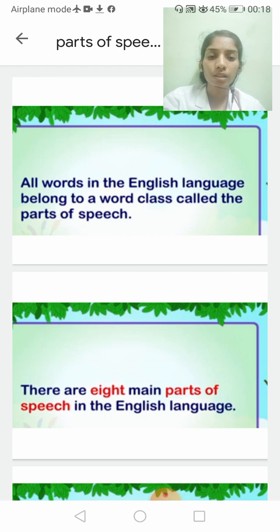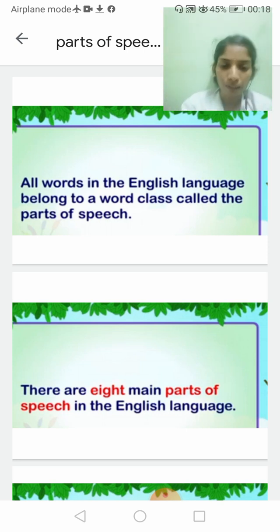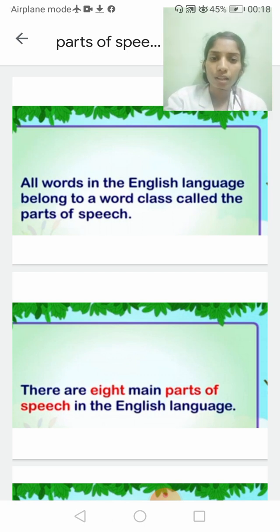Every situation is defined by parts of speech, like how people have different characters and qualities. Without using them, we can't frame sentences with good grammar, because grammar is based on them. So what is parts of speech?